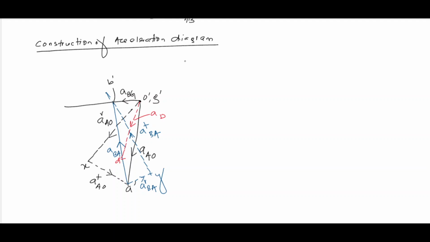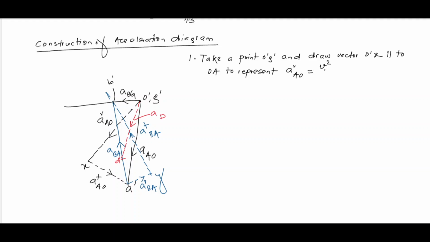Now we'll write this. First thing is, take a point O dash G dash and draw vector O dash x, parallel to the crank OA, to represent A r AO, whose magnitude is V square AO divided by OA.